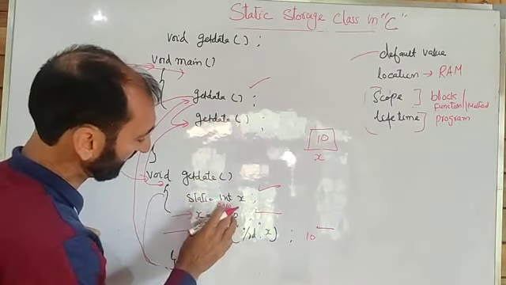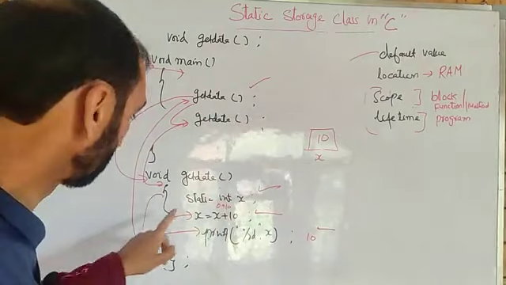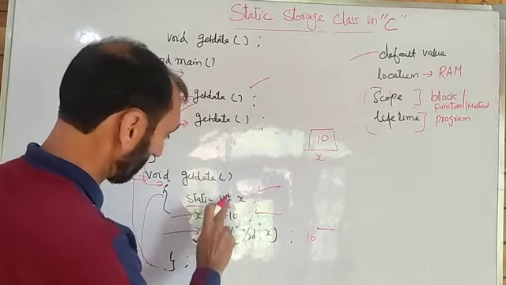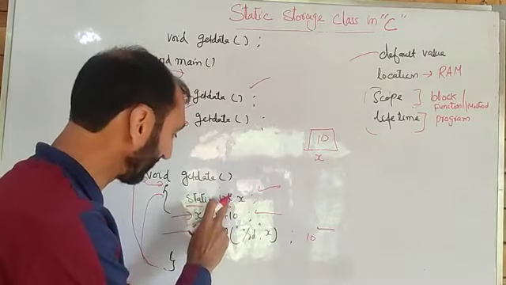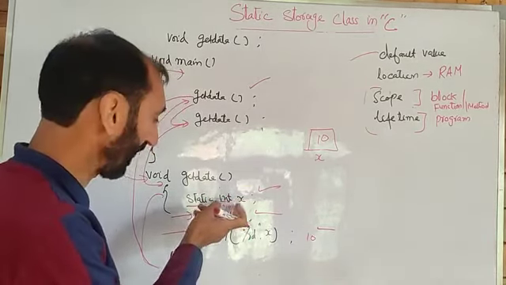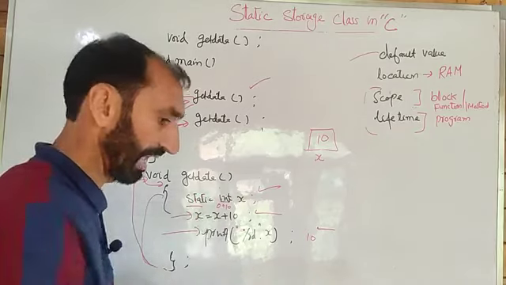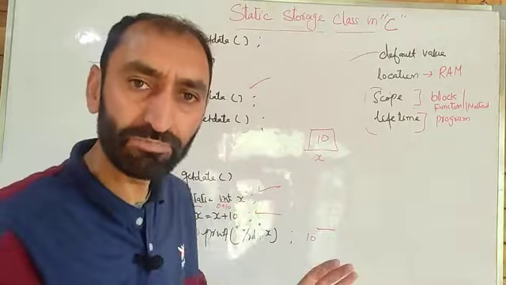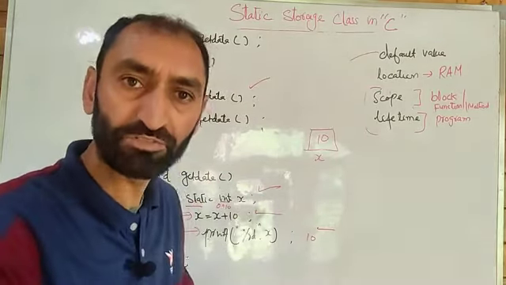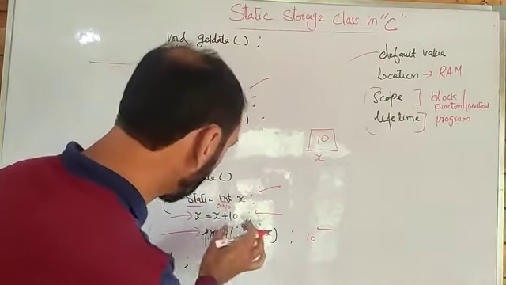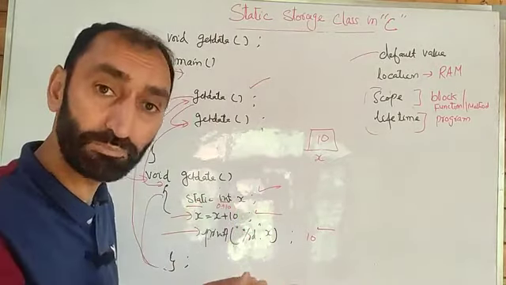Here, static int x. Take care here. I have declared the integer variable x as static. The storage class of x is static. And I have told you that the lifetime of a static variable is throughout the program, not just within that function. The scope is within that function, but the lifetime of the static variable is throughout the program.